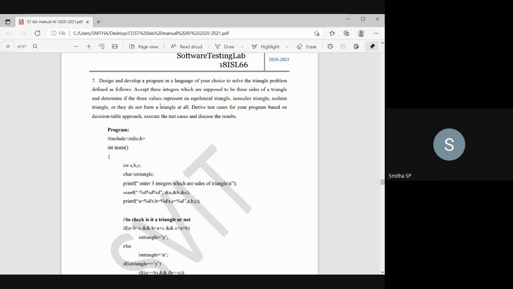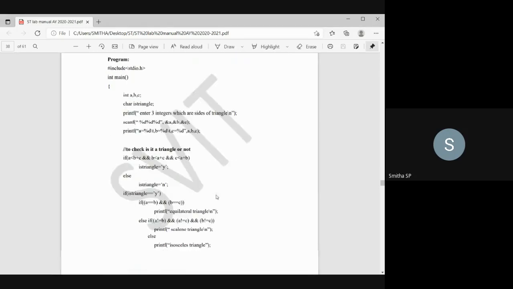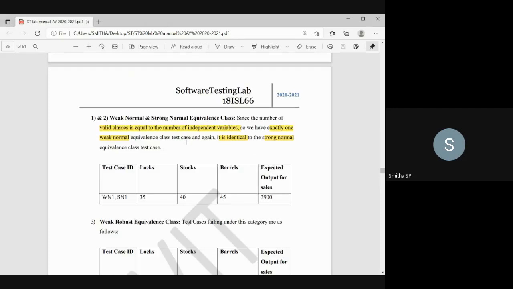Before checking the type of triangle, first we have to check whether it forms a triangle or not. Whatever values you have entered for the sides of a triangle, those values will form a triangle or not. For that purpose, we have a condition to check whether those values will frame a triangle or not.